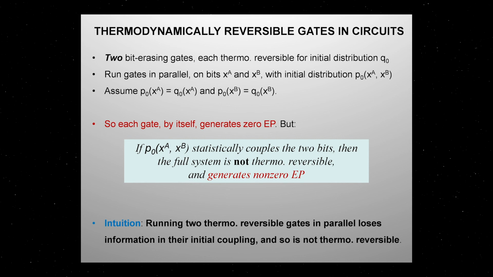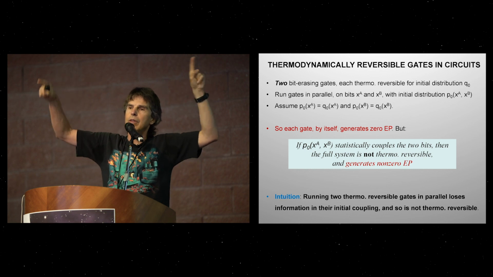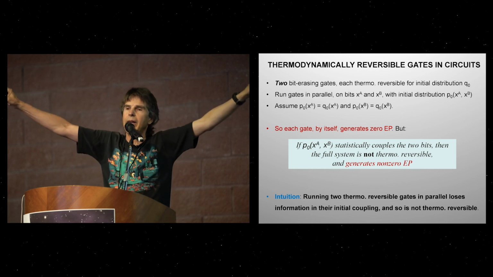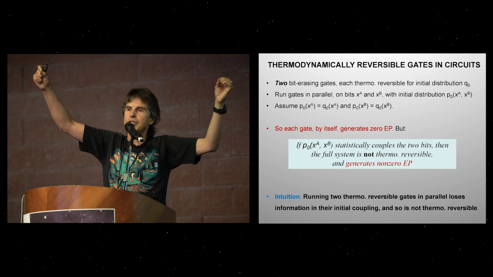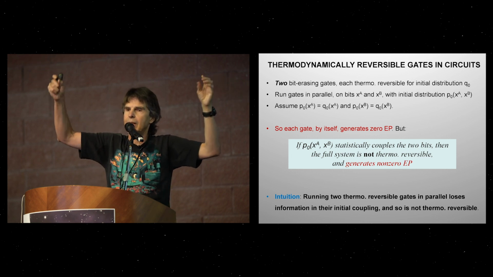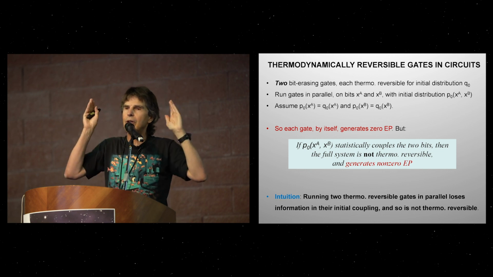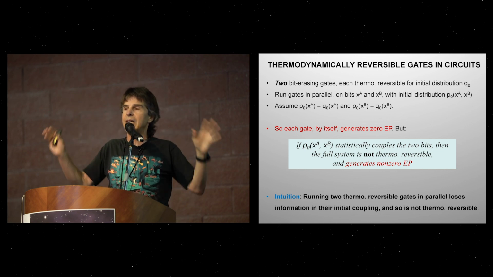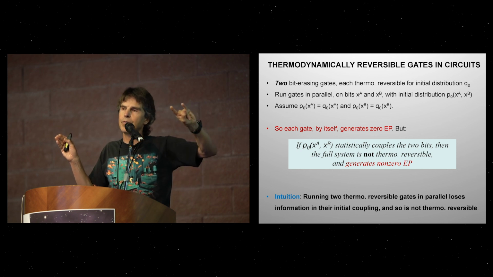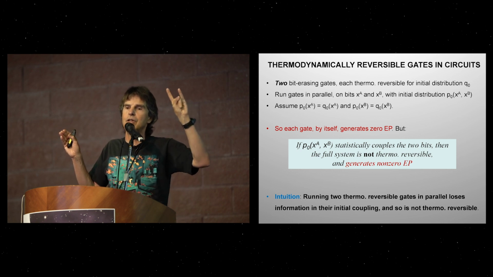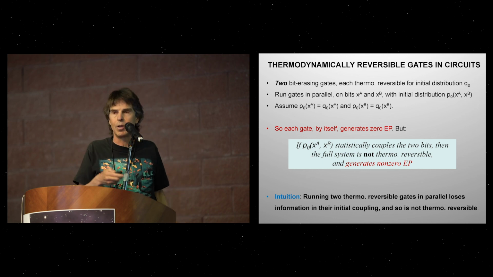Let's say, though, that even though their marginals were both 1/2, 1/2, there's actual statistical coupling of the initial states of those bit erasers. Now, when I run them in parallel, the overall joint system is not thermodynamically reversible. Running two thermodynamically reversible systems in parallel is not, in general, thermodynamically reversible.